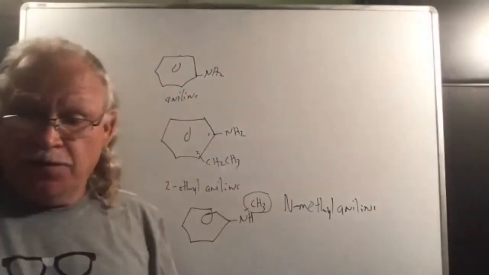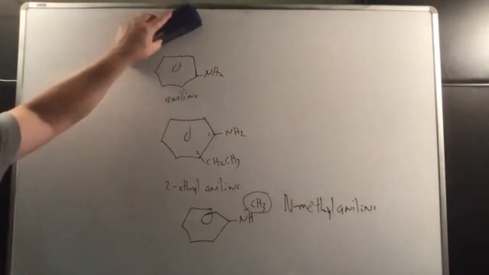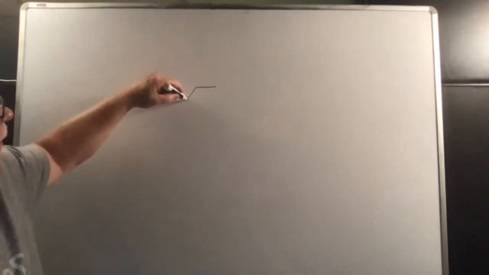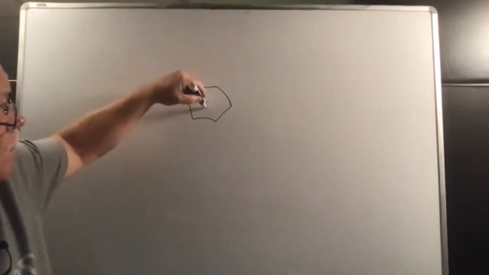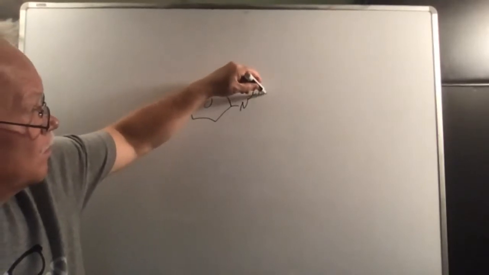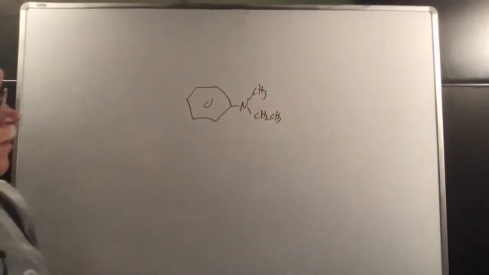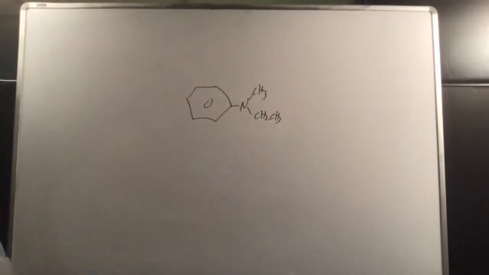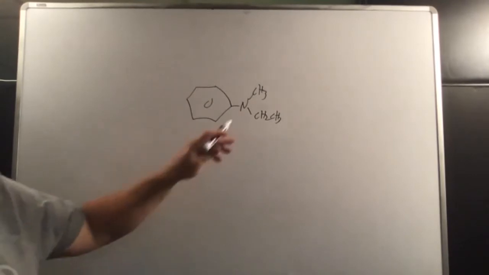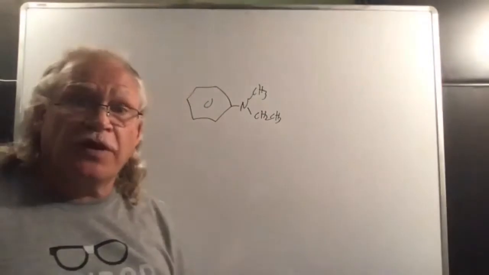nitrogen itself. Okay, so let's look at one more example, and let's look at this compound here. Again, some of y'all would have tried to name this as an ethyl methylamino benzene, and that's perfectly correct.